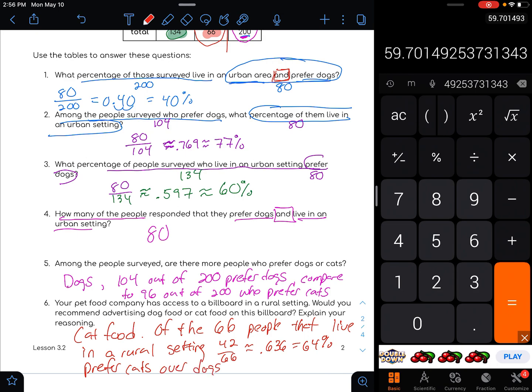So 64%, and then the reverse of that would be 36%, I suppose, would prefer dogs. So I guess if we're going to advertise, then if you're going to hit the most people or the highest percentage of people, then you would advertise for cats.